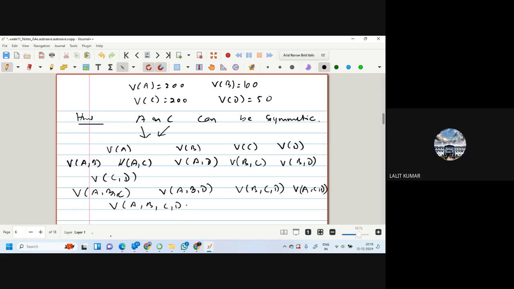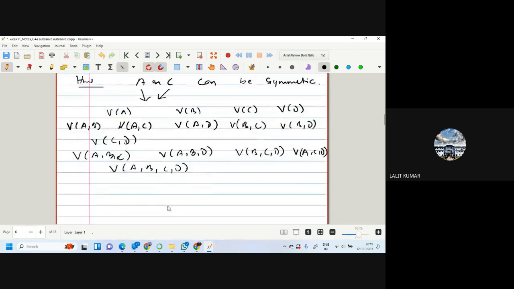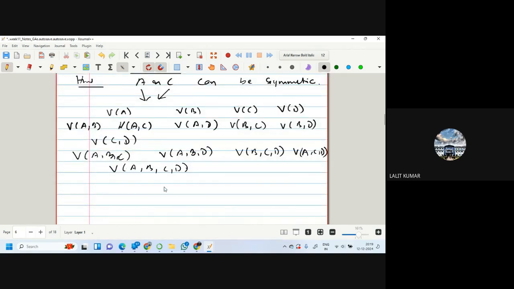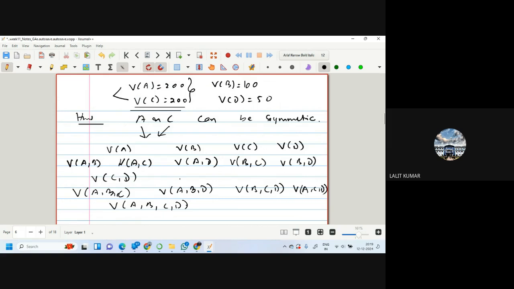So how do we check the symmetric? We go one by one. First of all, I have given you a hint that only these can be symmetric. In case they are symmetric, I look at the parts where A and C can be exchanged.